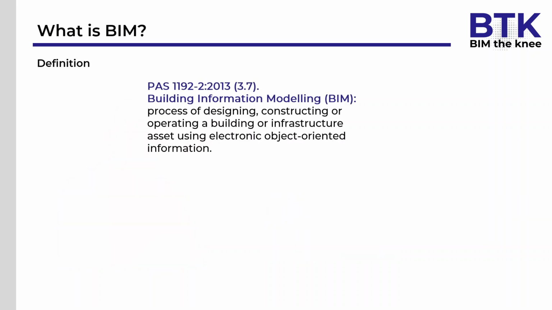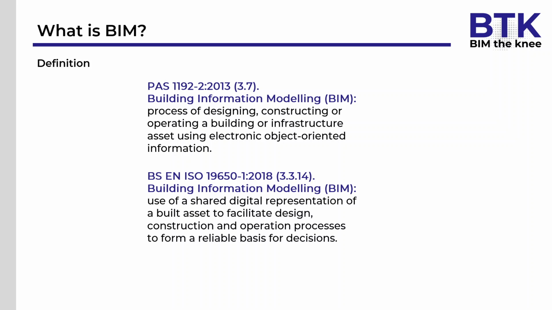Building information modeling, BIM, is the process of designing, constructing, or operating a building or infrastructure asset using electronic object-oriented information. According to the new ISO 19650, building information modeling is the use of a shared digital representation of a built asset to facilitate design, construction, and operation processes to form a reliable basis for decisions.